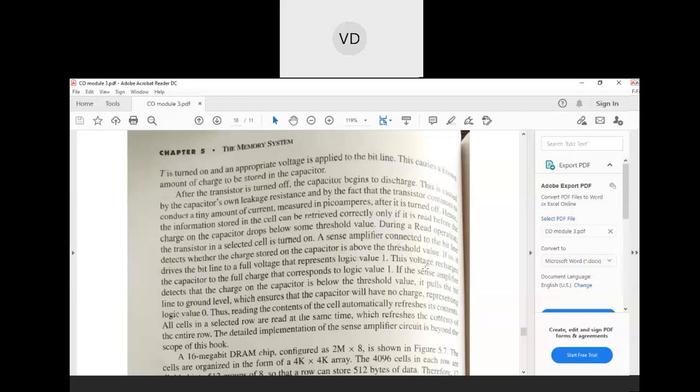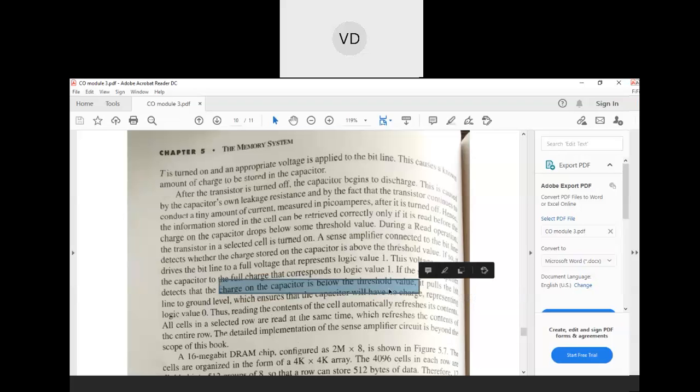But when the voltage discharges and it is below the threshold value, the sense amplifier will find the charge on the capacitor below the threshold value.